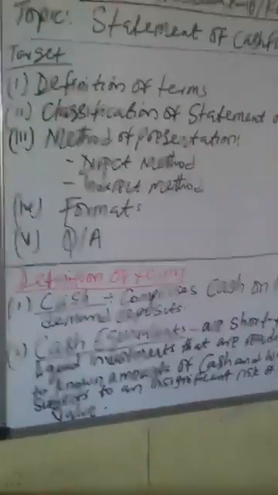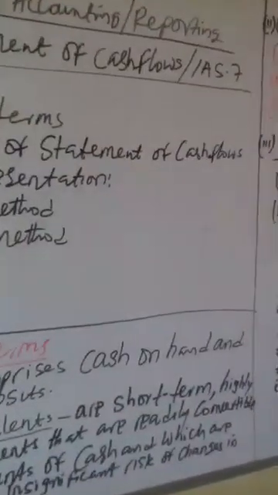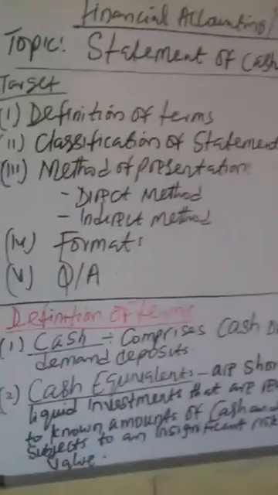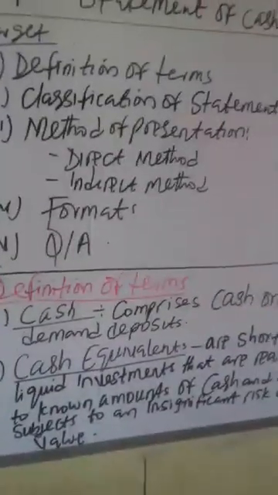The first definition we're going to look at today is cash. The word cash comprises cash on hand and demand deposits. The next is cash equivalents.